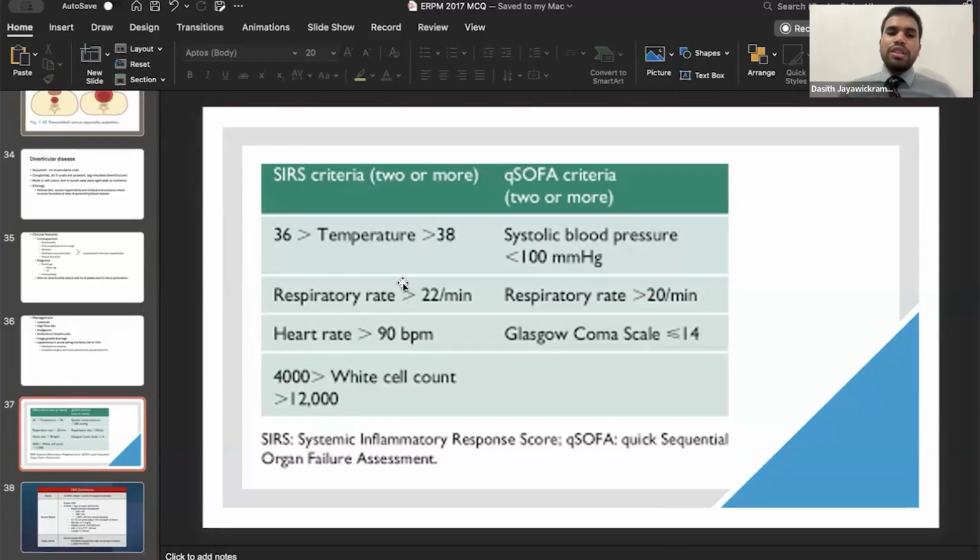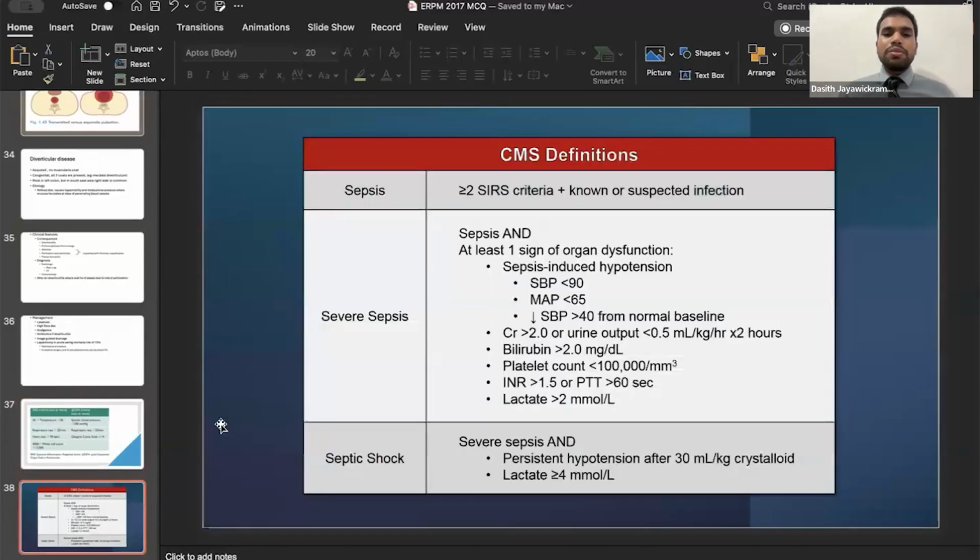Then let's have a look at the severe sepsis guideline. Severe sepsis is sepsis plus at least one sign of organ dysfunction. So what are the organs? It would be cardiovascular: sepsis-induced hypotension, systolic blood pressure less than 90, MAP less than 65.